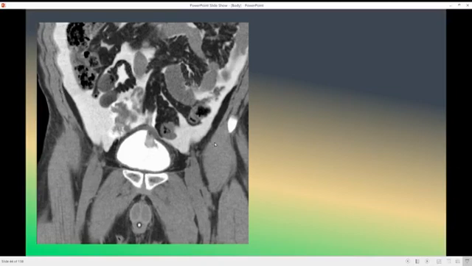This is rupture of the urinary bladder, intraperitoneal with hematoma, and we see this is a cystogram CT scan. This is intraperitoneal urinary bladder rupture. We move to the next case.